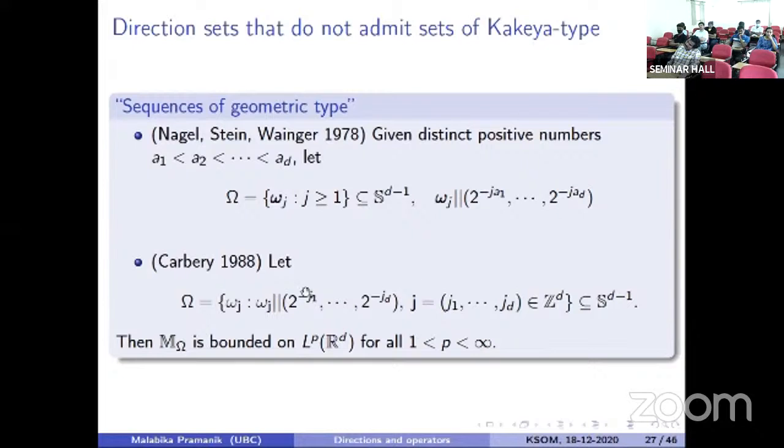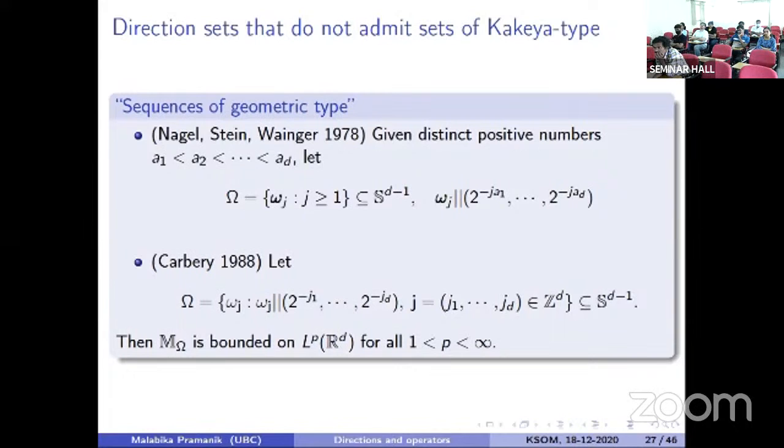Another such set was found by Carbery, and it is the D-fold Cartesian product of the set 2 to the minus j. In both cases, the authors show that the corresponding maximal directional average is L^p bounded for all p except 1.